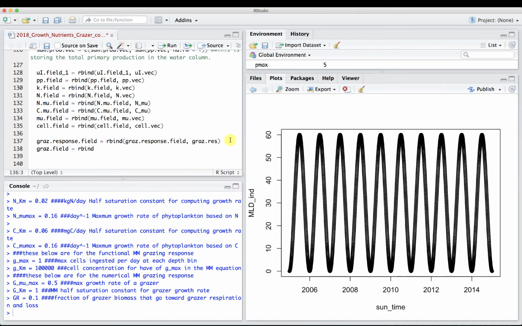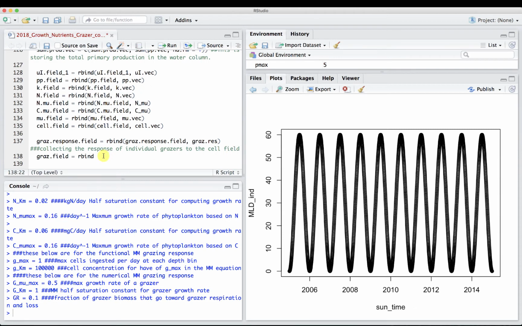I'll put a note in here so we can keep track: collecting the response of individual grazers to the cell field.